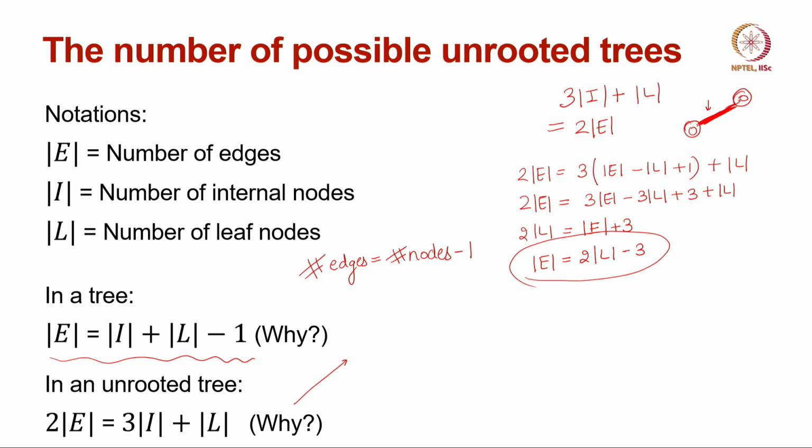Now, how does this help? Well, now we can analyze the number of possible unrooted trees. Let me ask you a simple question: how many unrooted trees do we have if you have 3 leaf nodes? Let us say I write here the number of leaf nodes, then the number of edges, and then how many trees you have.